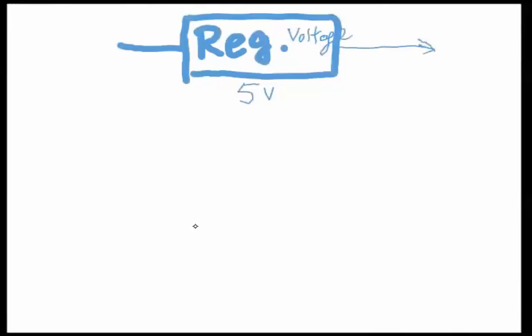If I have an input voltage of 3 volts, what do you think the output voltage is? Why would it be 5? You said maintain the output voltage. So the concept of a regulator is if the input voltage exceeds the regulated voltage, then it is going to maintain the regulated specifications.